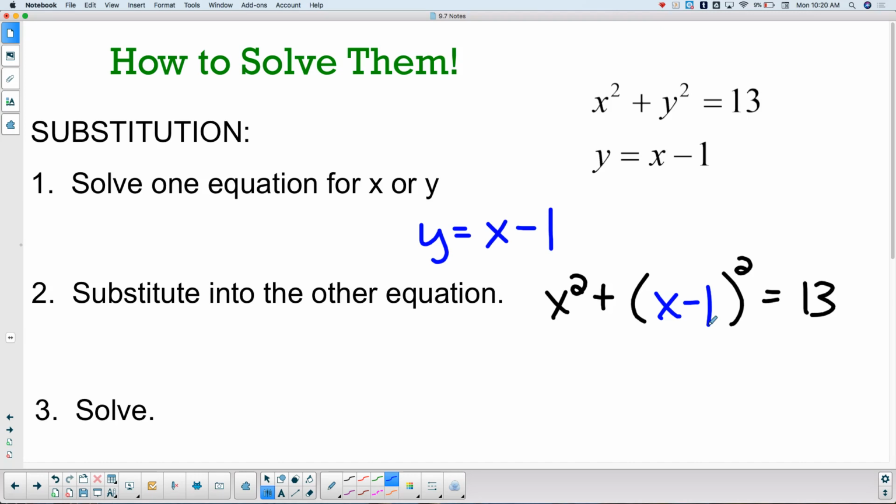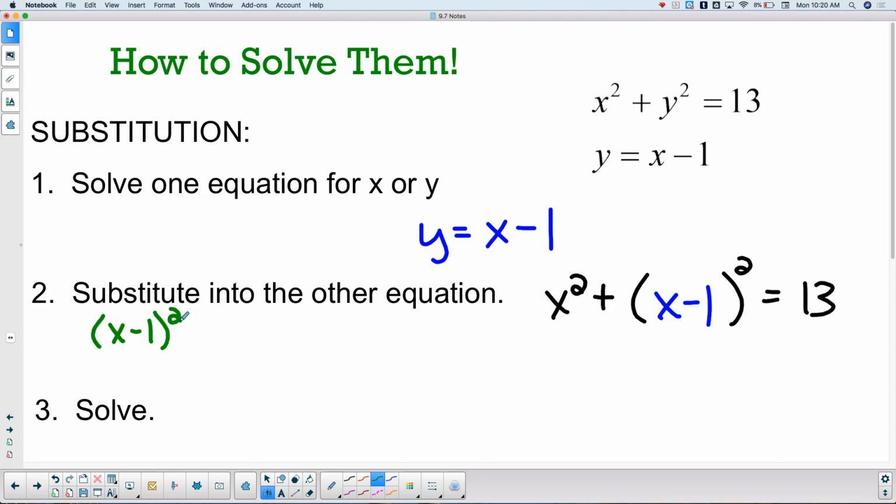Step number 3 says we need to solve that equation, which means I'm going to have to distribute or multiply that x minus 1 quantity squared. Now, if you are a big fan of just doing it your way, you would probably get the fact that x minus 1 quantity squared is x squared plus 1. Because you would square x, and you would square negative 1, and you'd get x squared plus 1, and you would keep on sailing through life.